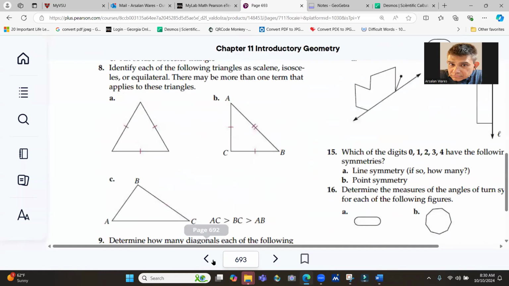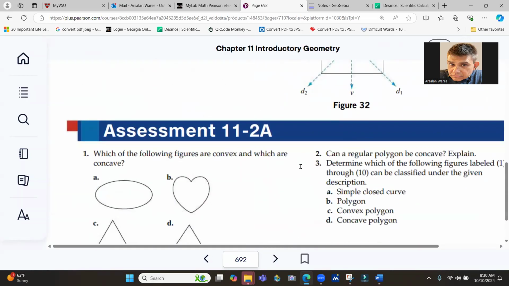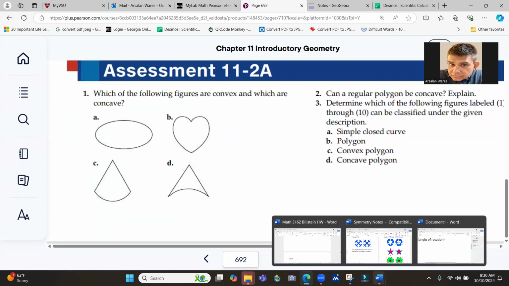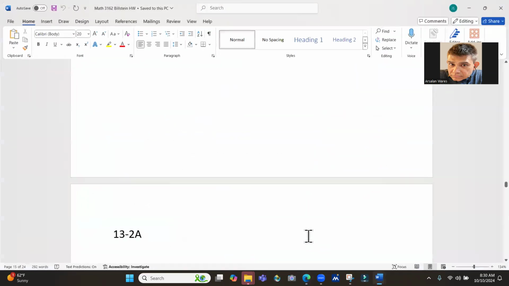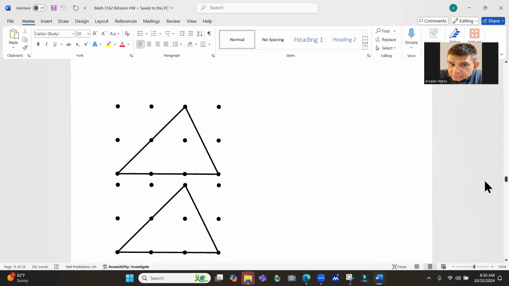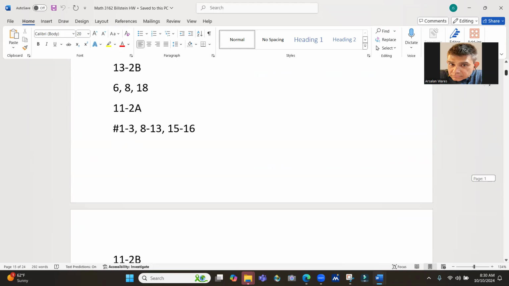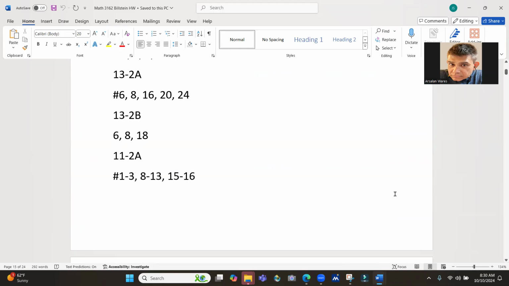Very routine. Okay. Now let's see what numbers I've assigned. 11.2: 1 through 3, 8 through 13, 15, and 16.